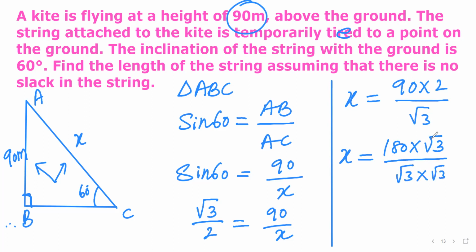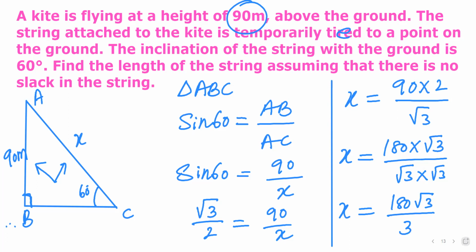Just rationalization, multiplying root 3 on numerator and denominator. So now what will happen? Here we multiplied by root 3, and here we multiplied. So now what will happen? 180 into root 3 divided by root 3 into root 3 whole square. Again square will cancel each other, that is 3.